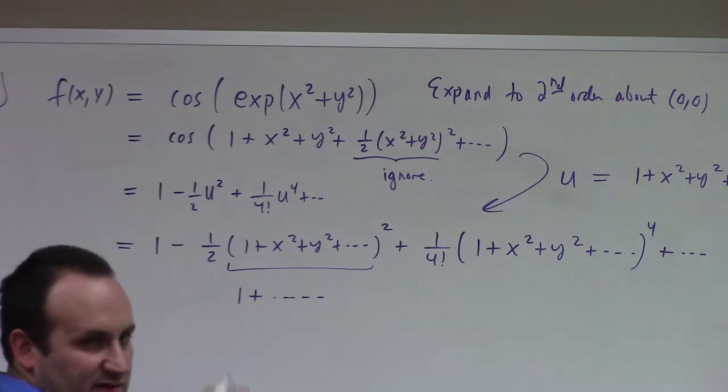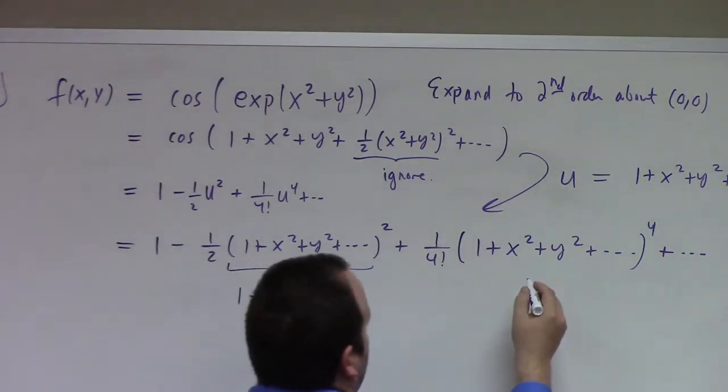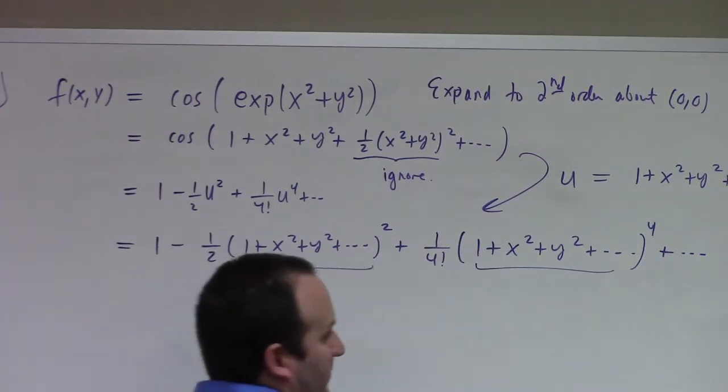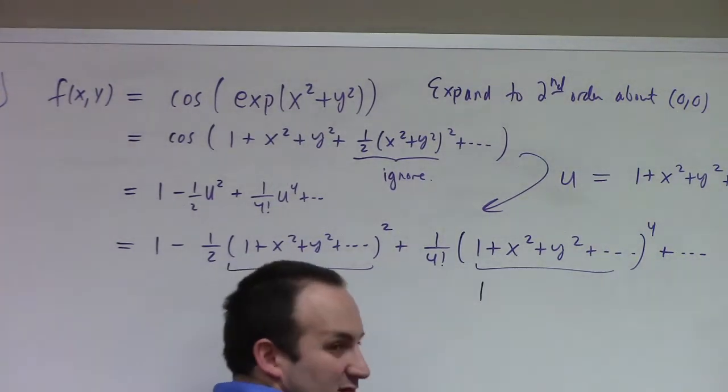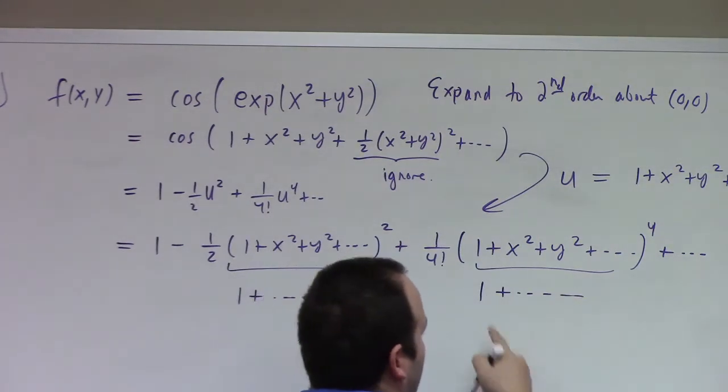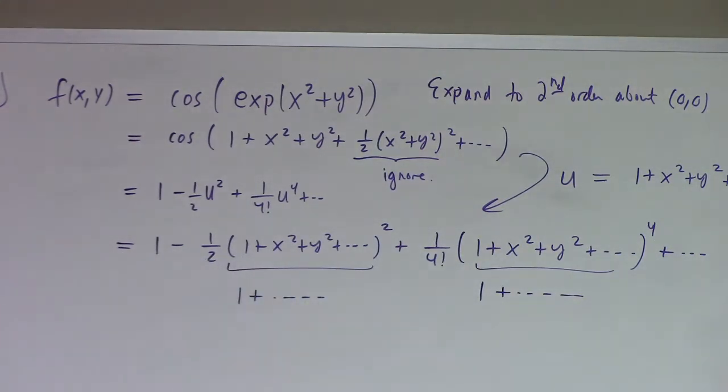And when I raise it to the 4th power, I've got a 1, and then plus stuff. Does the 1 that's in every one of these terms matter? It does. It's 0th order. It has to be part of the answer. So in order to actually calculate up to second order correctly with what we're currently doing, I can't neglect the plus dot dot dot. I have to face it. So this isn't a good approach for that reason.